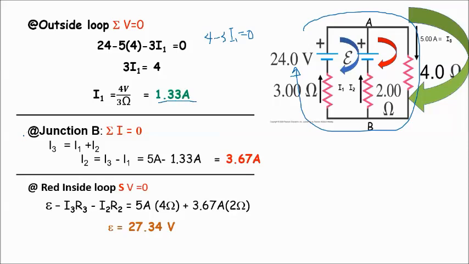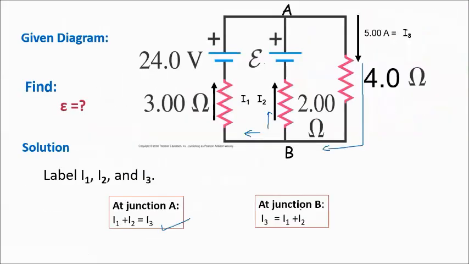Next is at junction B. At this point, we sum up the currents. At junction B, I3 is equal to I1 plus I2.